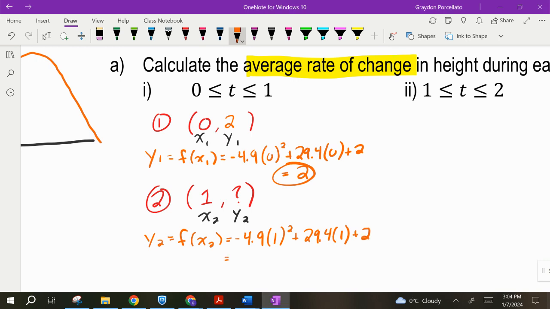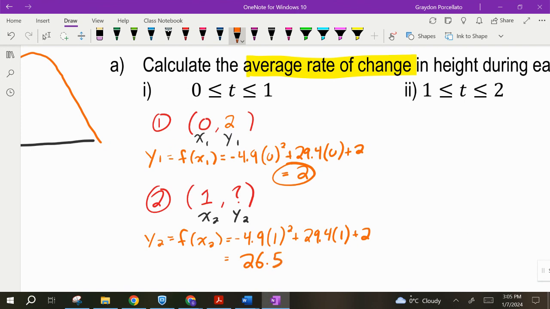I'm going to pause the video and do the calculations so you don't have to sit through me doing them. So negative 4.9 plus 29.4 plus 2, that's about 26.5.